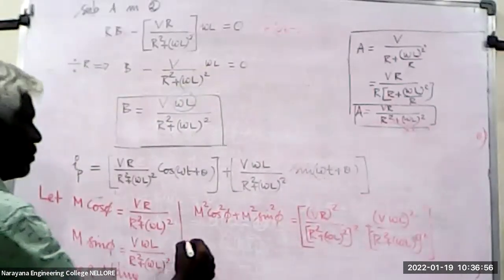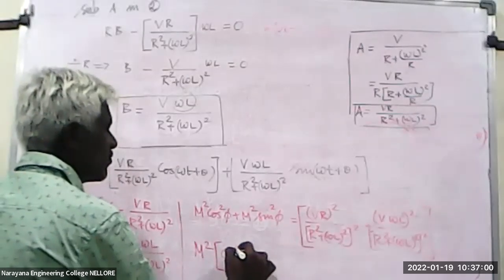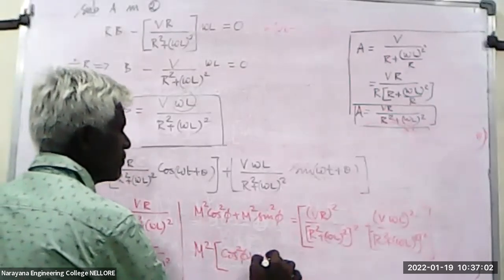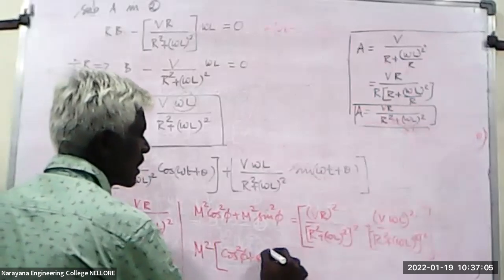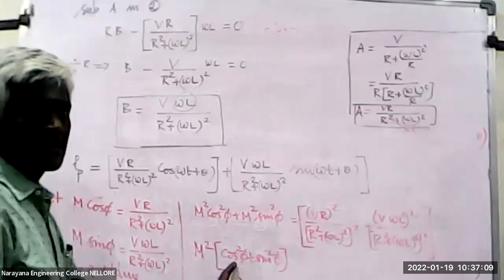Okay. Now we take m square, which is common here. We get cos square phi plus sin square phi. We know that sin square theta and cos square theta is 1, correct? This will be 1.